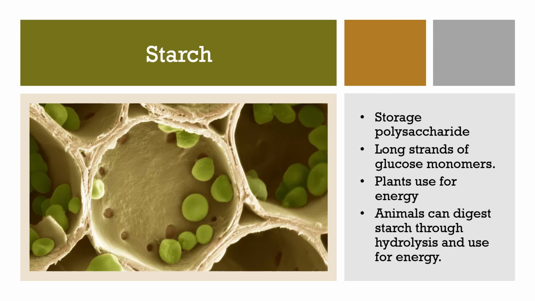So, for example, a potato is produced for the plant to store a bunch of energy for when the plant will need it. However, animals like us will take advantage of that storage crop of starch and use that to eat it. So animals can digest starch through hydrolysis, and we get the energy from it.